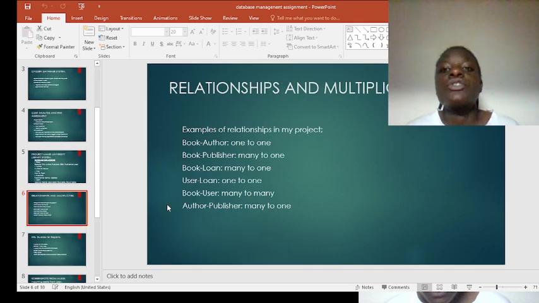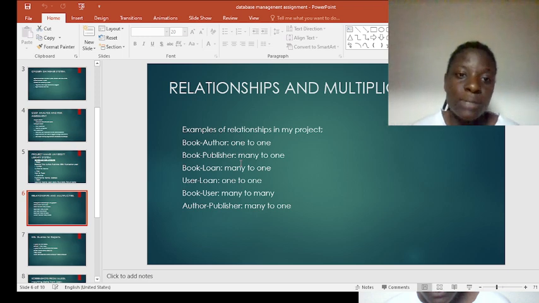So the relationships and multiplicities involved in this. Book to author has a one-to-one relationship, like one book can be written by one author. Book to publisher, the relationship is many to one, meaning that many books can be published by one publisher.